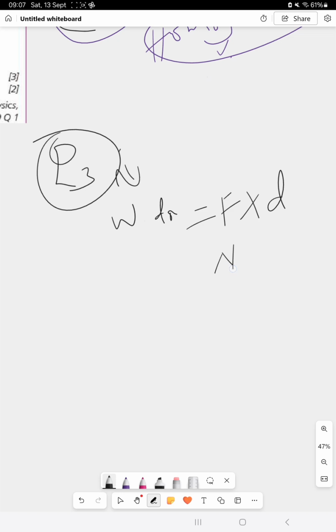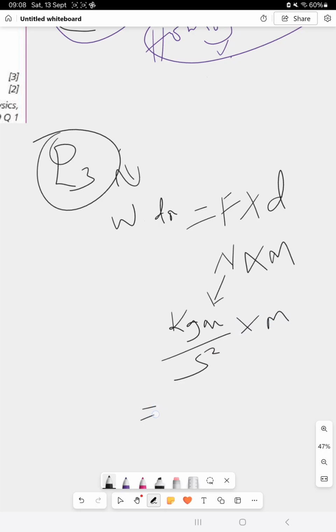Newtons. What are the units of distance? Meters. But remember, I told you Newton is the same as kilogram meter over s squared, and therefore times meter, and this will remain with kilogram meter squared over second squared. That is the first one.